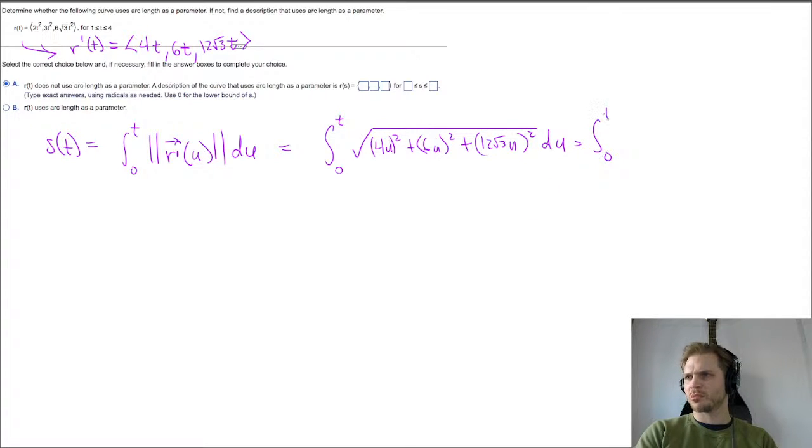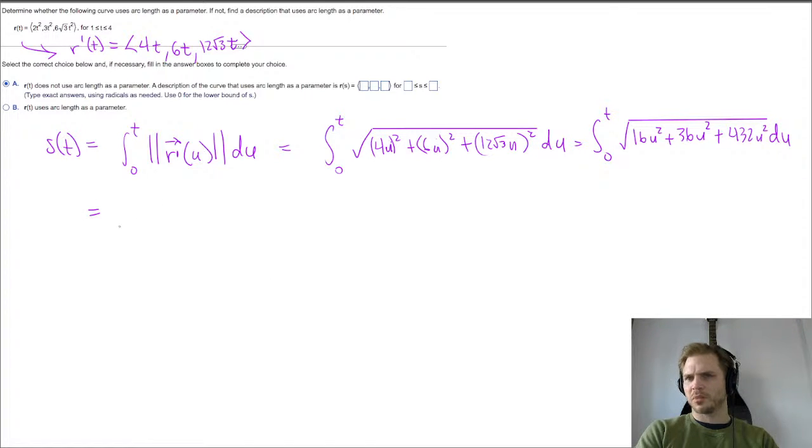And I don't know if this is going to be super easy to integrate. Hopefully everything will shake out. So I'm going to square everything. So 16u squared plus 36u squared plus 144 times 3, which is 300 plus 120 plus 12, is 432, du.